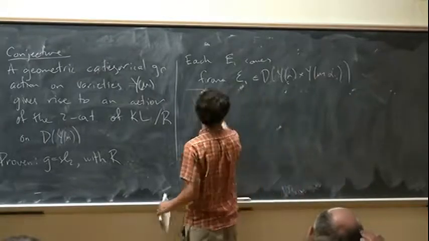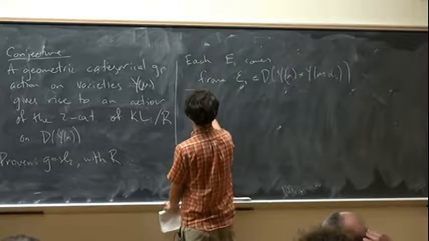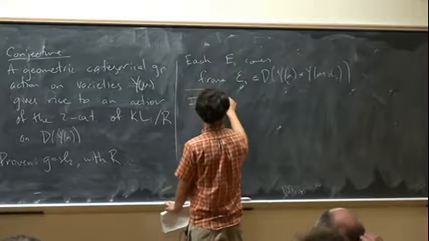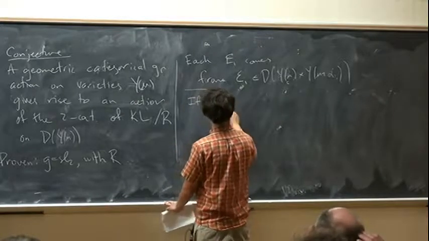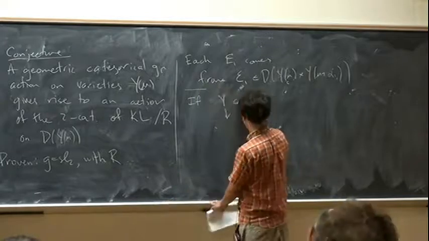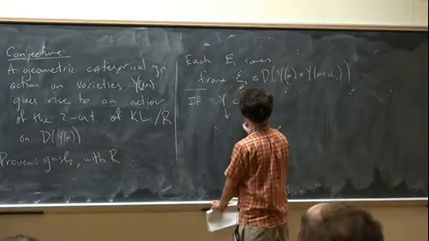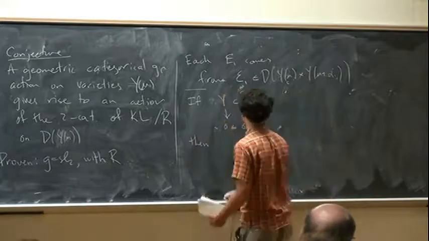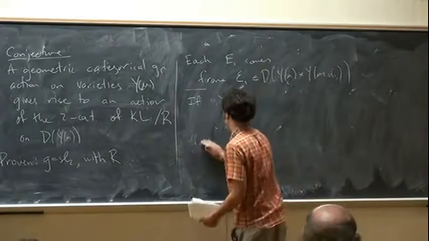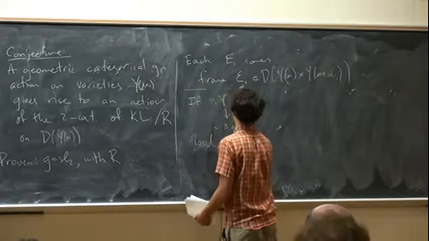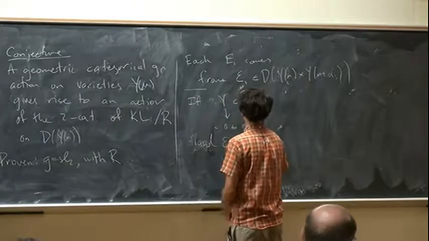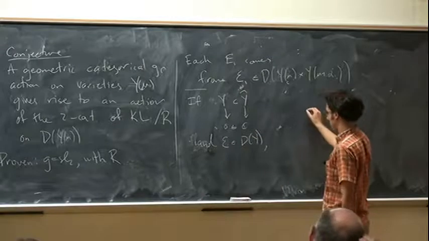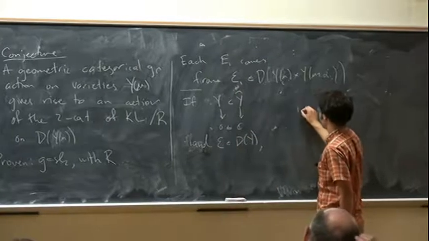And the second thing that I want to say is, if we have the following situation, any variety with a deformation mapping to C, and we take the central fiber, and E is a sheaf on Y, then we can consider the push forward.